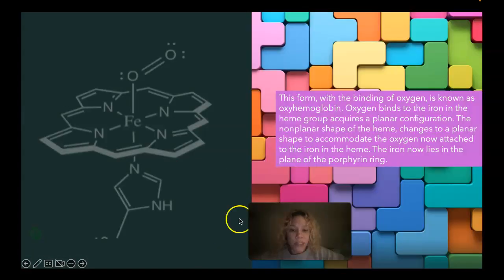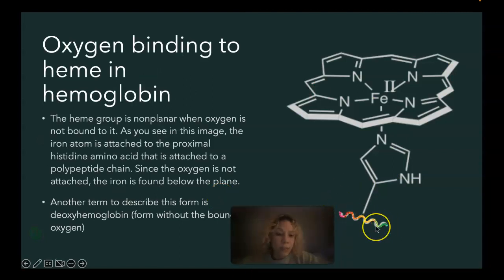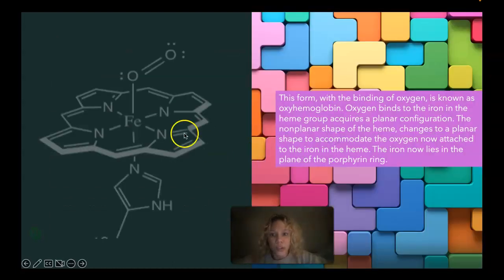So as we see here, let's go back, this little line here kind of depicts the polypeptide chain that the proximal histidine would be attached to. And as the oxygen binds to the iron, it's pulling this iron up, which then pulls the proximal histidine, which is attached to the polypeptide.